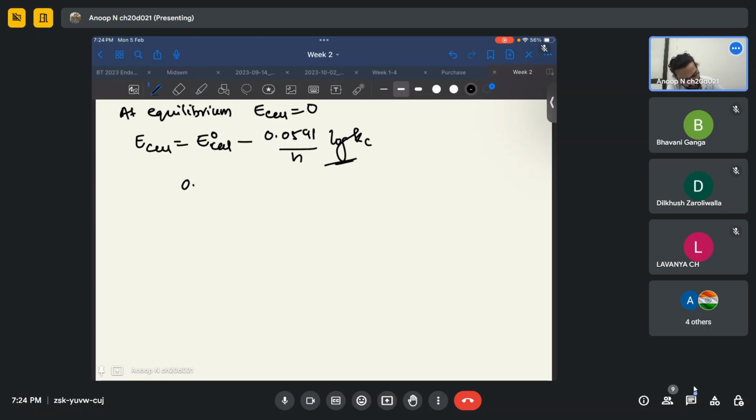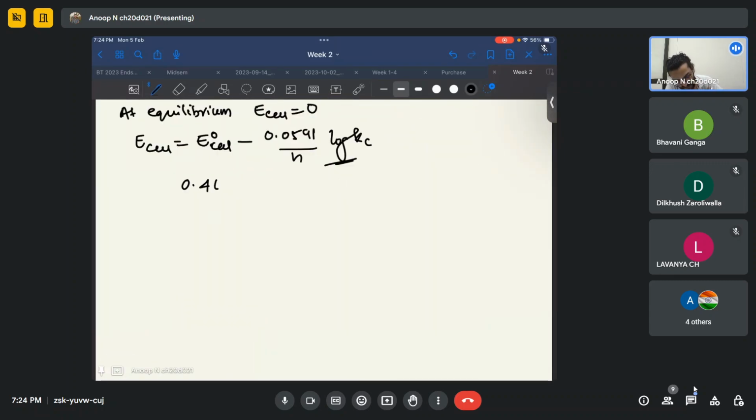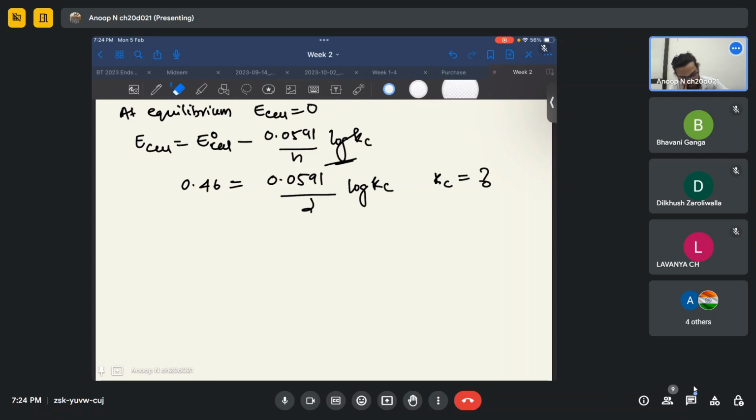What is the value given? I forgot. 0.46. 0.46 is equal to 0.0591 divided by 2 log Kc. Can you find what is Kc? It is log. You have to take 10 raised to, 10 to the power. What is the value of Kc?